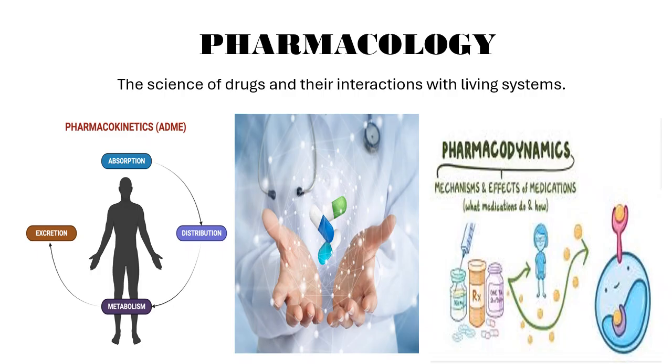Absorption can occur through the mouth, stomach, eyes, lungs, whichever part of the body the medicine is entering. It depends on what kind of chemical the drug is, by which route we are giving it, and whether the drug has any kind of interaction with other drugs, with food, or with body conditions.